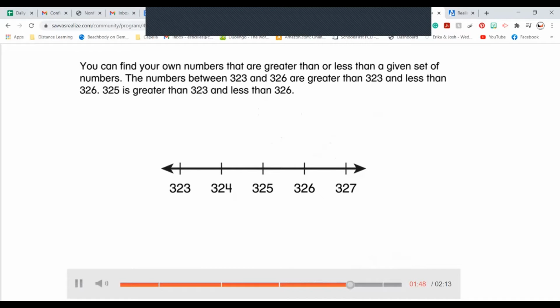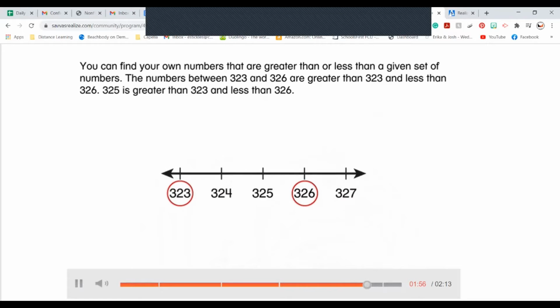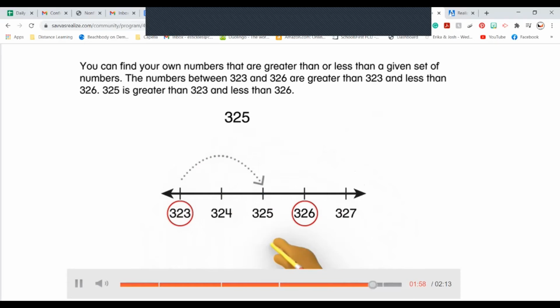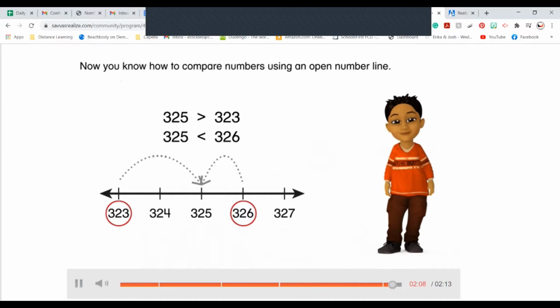The numbers between 323 and 326 are greater than 323 and less than 326. 325 is greater than 323 and less than 326. Now you know how to compare numbers using an open number line. Great job!